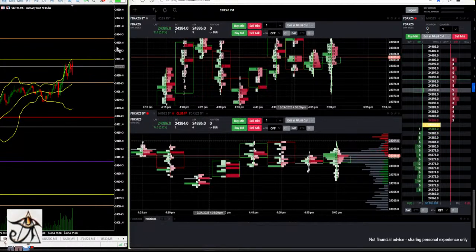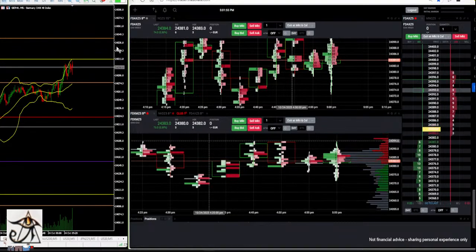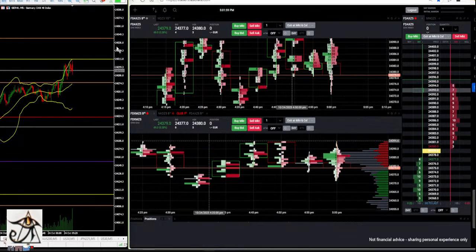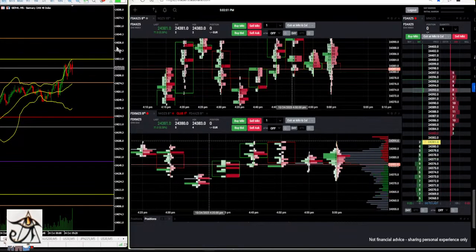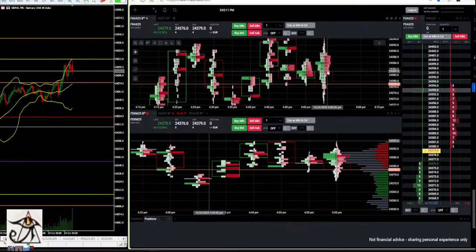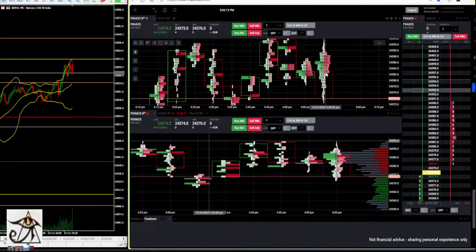We get a bit of a strange patch like this where the DAX doesn't power up or power down at the open. We don't get that big volatility spike that we like to see, indicating impulsive moves into certain levels, and then the big boys come in and move the market from the points that they're looking for. So we're not getting really good order flow layouts to indicate something's actually going to happen.